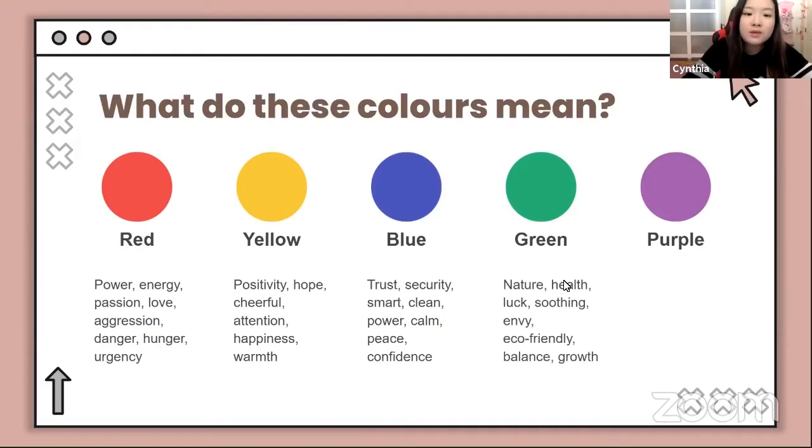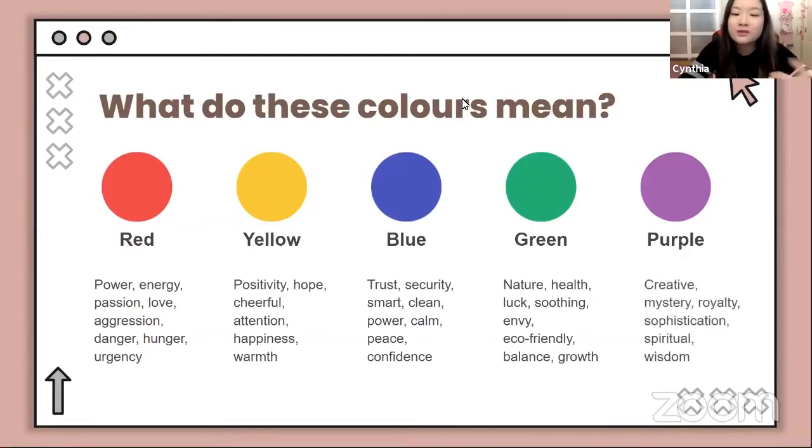Green often represents nature, health, luck, soothing, envy, eco-friendly, balance, and growth. And purple, which is my favorite color personally, if you remember my logo from before, stands for creativity, mystery, royalty, sophistication, spirituality, and wisdom.